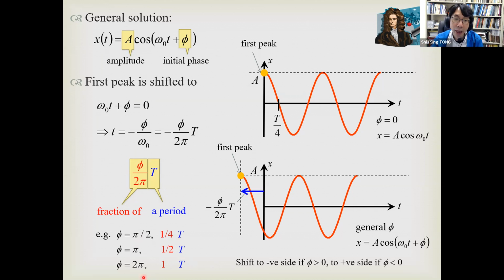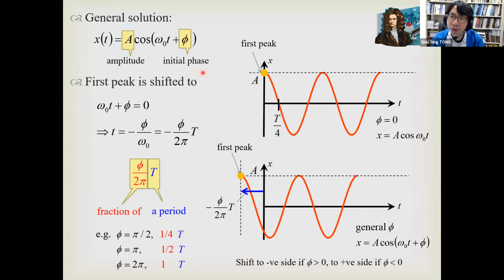And if phi is equal to 2 pi, you shift the whole curve by one period. So these are the common angles and the corresponding periods that you may need to remember, because when we learn about waves, this phase angle actually appears very frequently. So it's better for us to get used to it and understand its meaning.